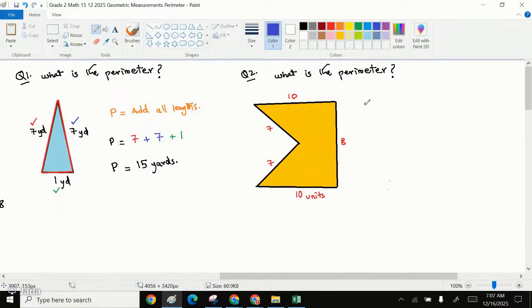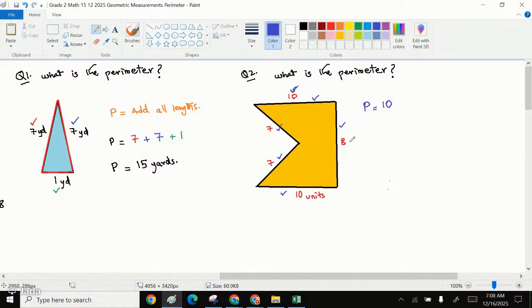The first thing we say is perimeter. P stands for perimeter. And how many sides are there? One side, second side, third side, fourth side, and the fifth side, right? So we add all the 5 sides. We start with 10.